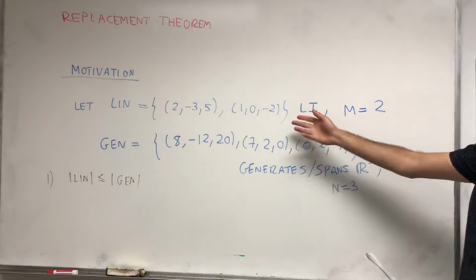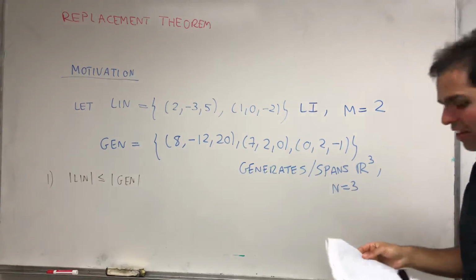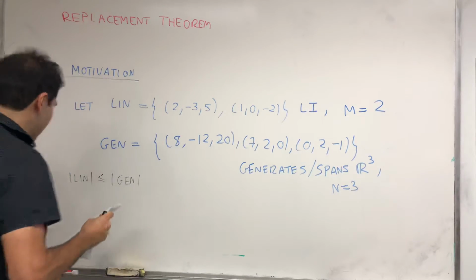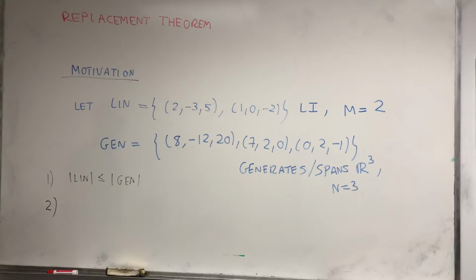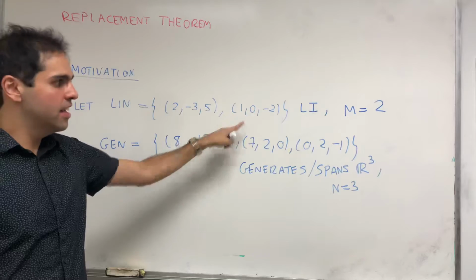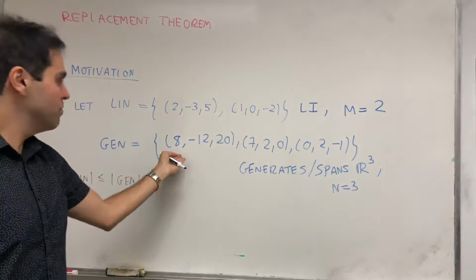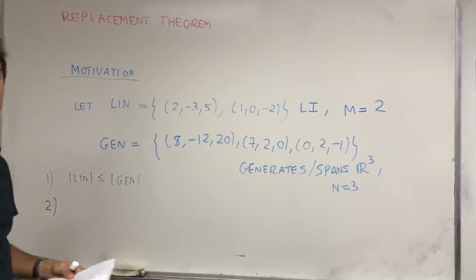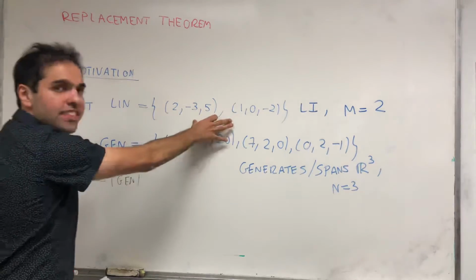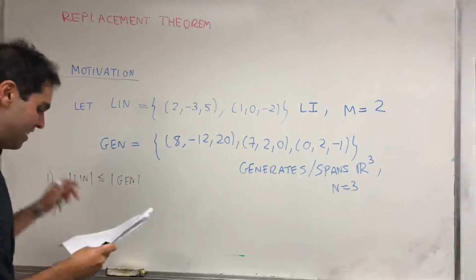In particular, if this set, for example, has 4 elements, it cannot be linearly independent. That's one thing. And second of all, most importantly, starting from this linearly independent set, we can add at most 1 element from gen to actually get another generating set.